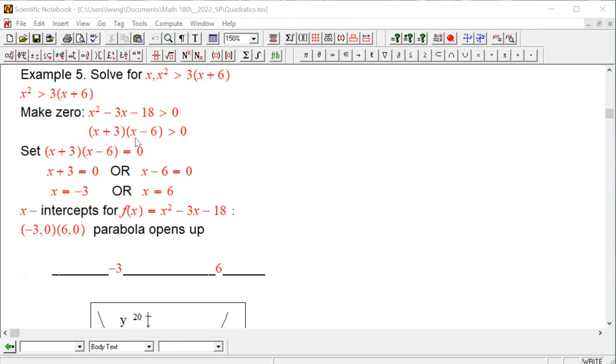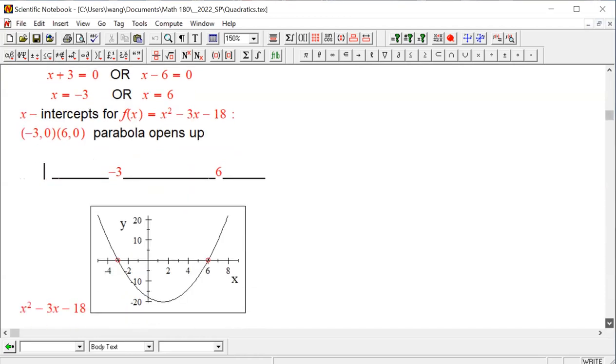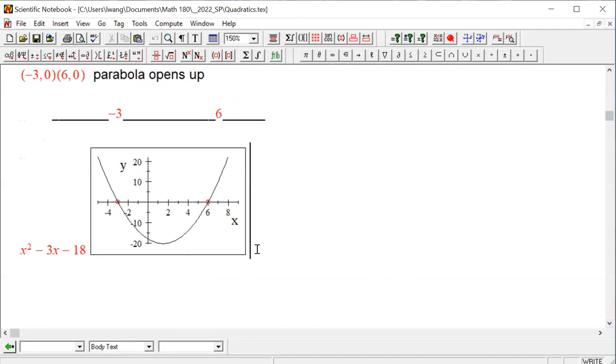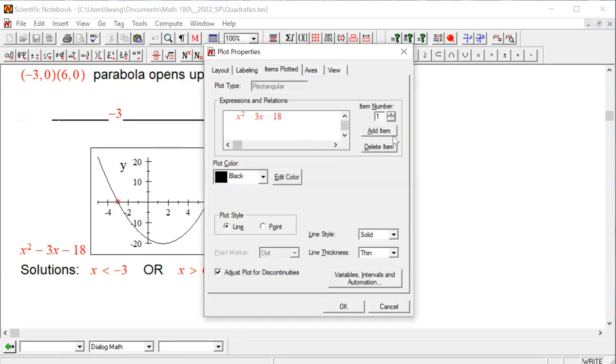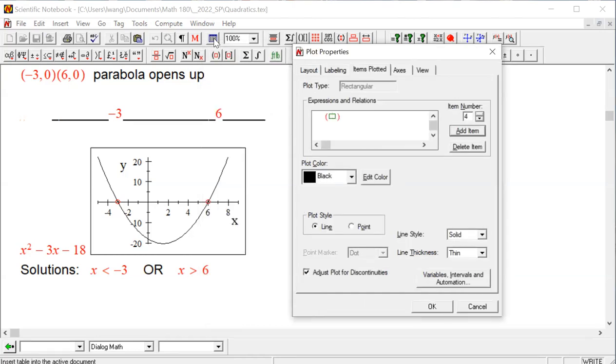So all this work tells us that the solutions are x less than -3 or x is larger than 6. And I would like to mark those on my picture.